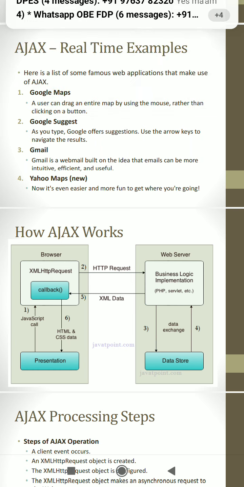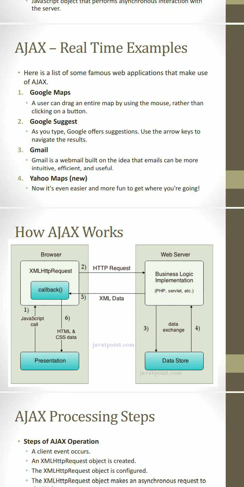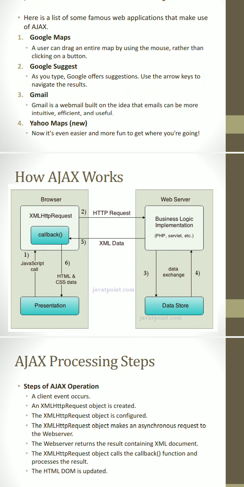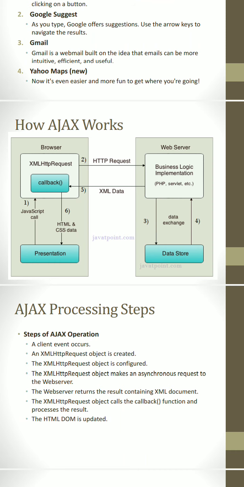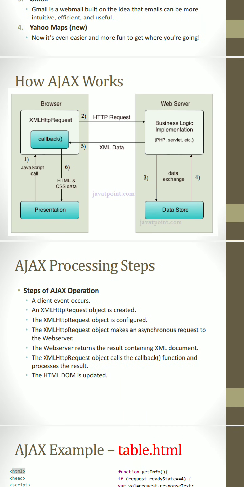Finally the data is displayed using HTML and CSS on the browser. That will be the final output, and for that we are using HTML and CSS. Generally these two, HTML and CSS, are used for presentation purposes. We have studied this. So these are the simple 6 steps for Ajax operation.